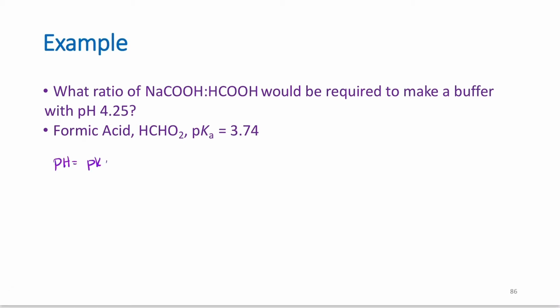Remember, this equation is valid when you have a buffer, meaning you have an acid and its own conjugate base, or a base and its own conjugate acid. pH is equal to pKa plus the log of the concentration of base over the concentration of acid. I want a pH that's 4.25. I know my pKa value is 3.74.